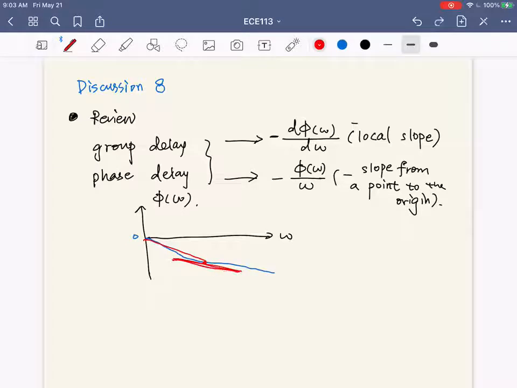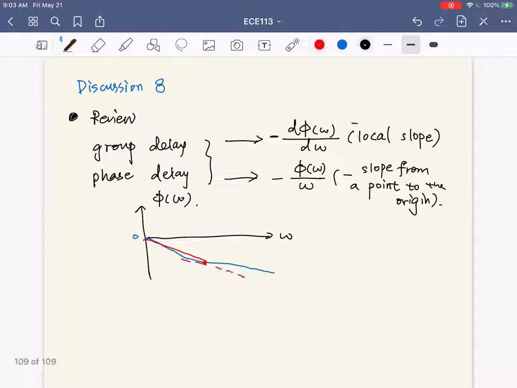So this is the difference. You'll see that when it is linear across the origin, the local slope is identical to the slope from the point to the origin. And if it is affine, the phase delay will change depending on omega, but the local slope will always remain a constant.